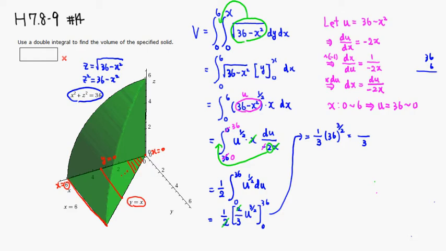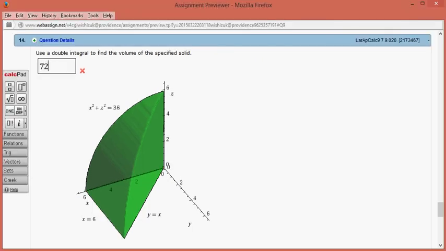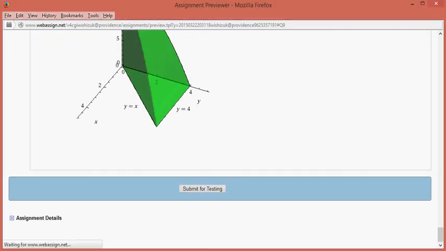The 3 and one of the 6s cancel out, so it's 2 times 36, which is 72. So we got 72 as the volume. Let's type it in, 72, then go down and submit for testing.